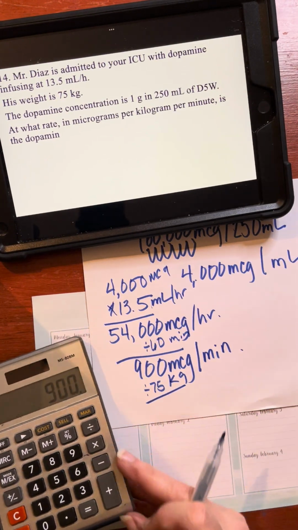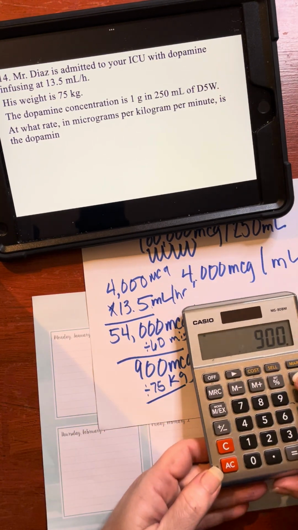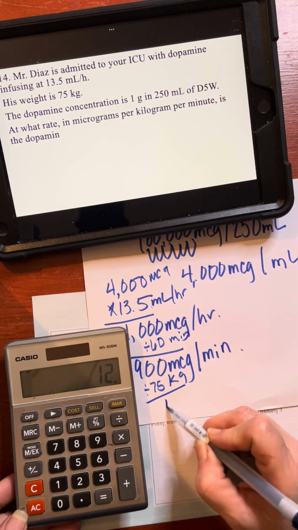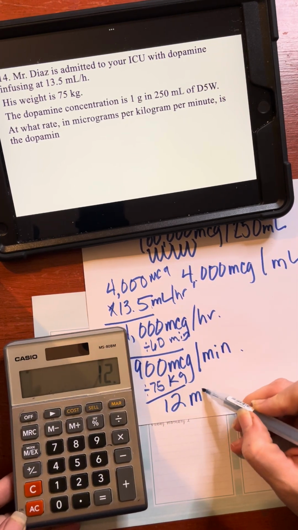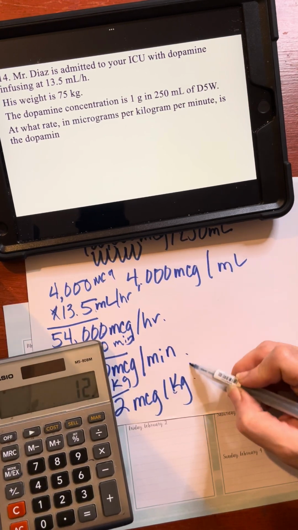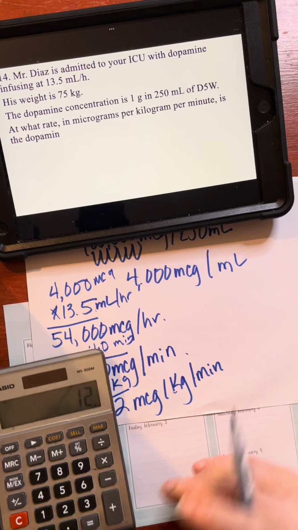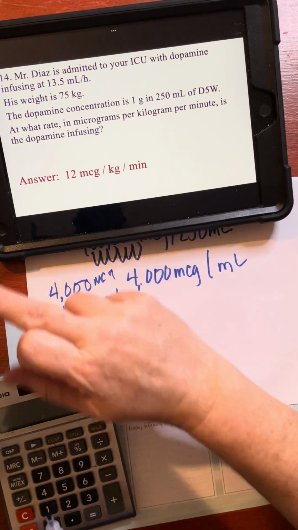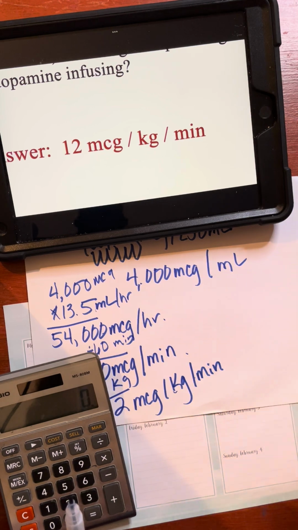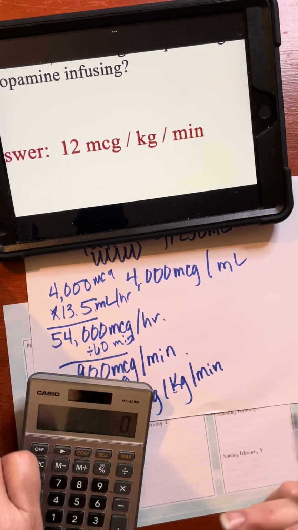Look, you see? Can you see it? Okay, divided by 75 equals, they're getting 12 micrograms per kilogram per minute. Look. Boom. We saved them.